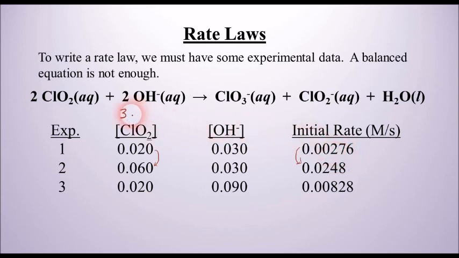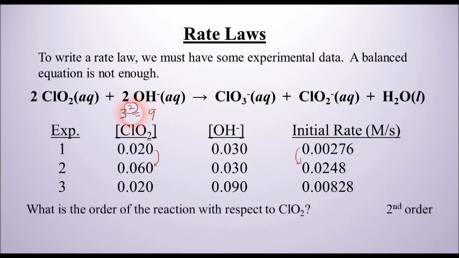So if the concentration goes up by a factor of 3 and the rate goes up by a factor of 9, then what is the power that goes here? 3 to what power is 9? Well, we'd say 2. And so that means that ClO2 is second order. Okay, that is second order. And so we would say second order for that one.